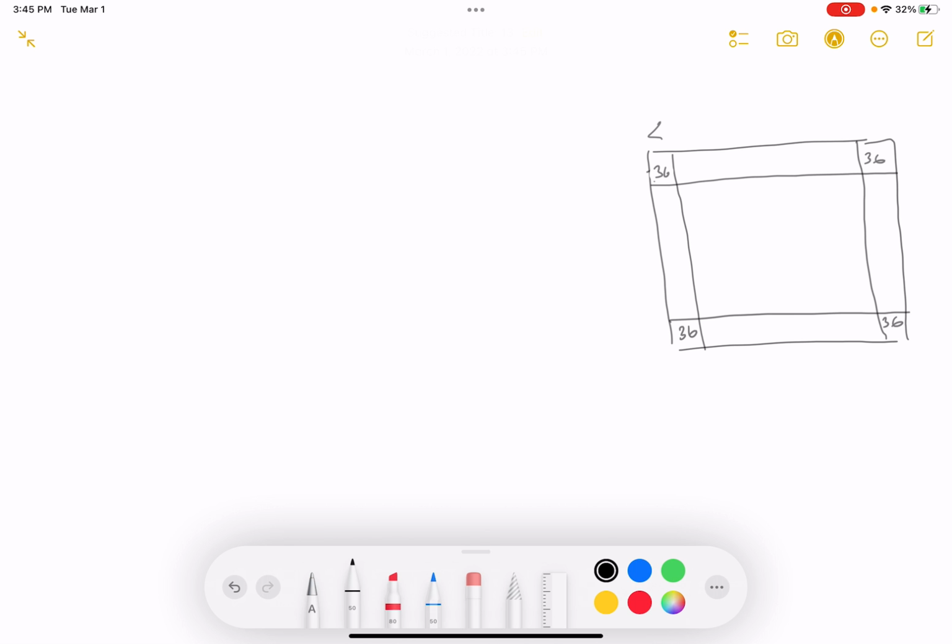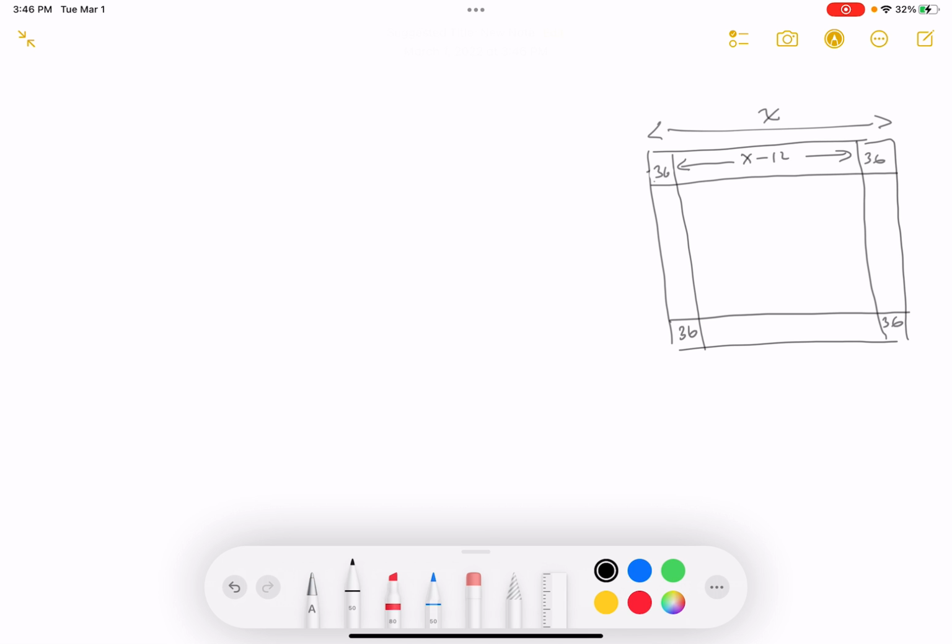And I'm going to say there's x men in this width, which means in this thing over here, there's going to be x minus 12 men.